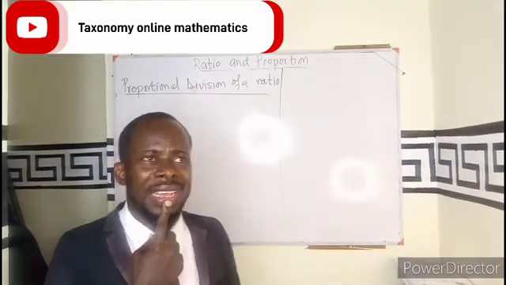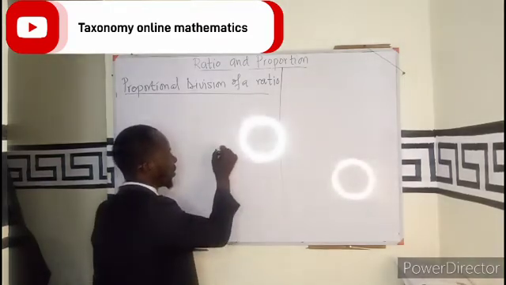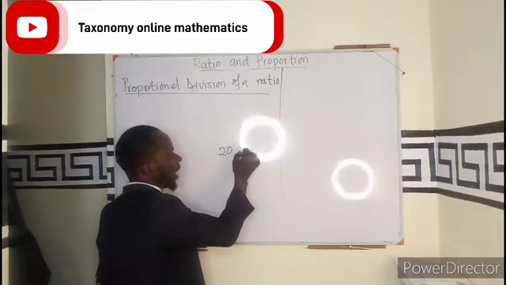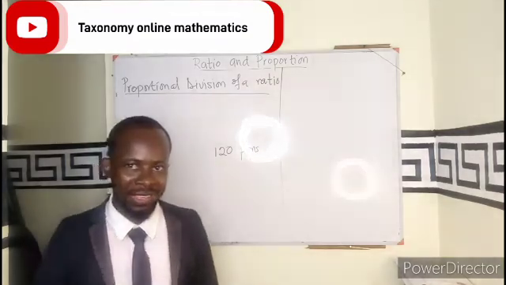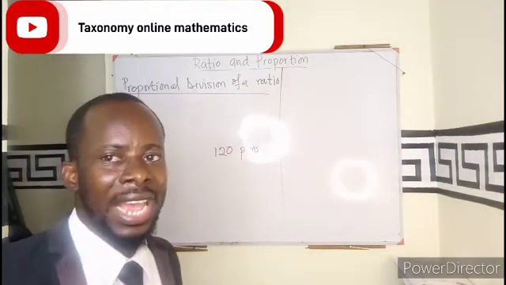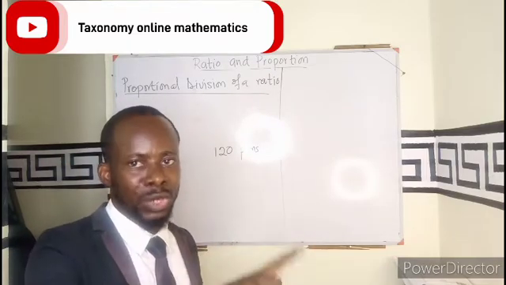Let's see. If I'm having, let's say, 120 pence which I want to share among some people in a given ratio.